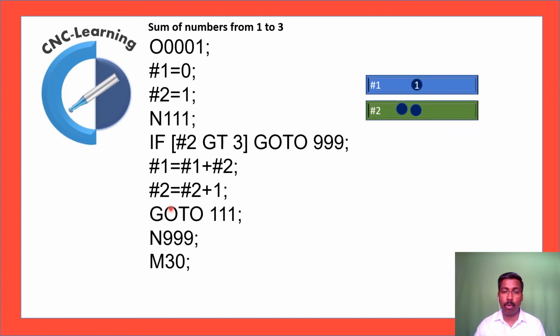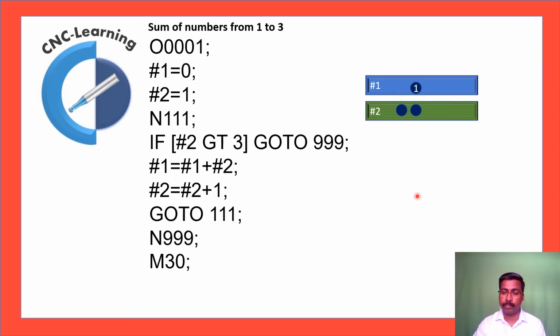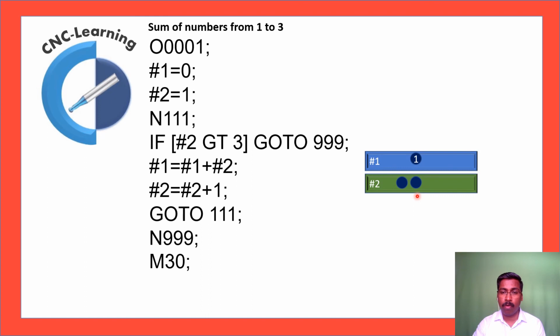Now this command go to 111 will make this loop back to here. So now again this statement will evaluate, is hash 2 greater than 3? Now the value of hash 2 is just 2, it's not greater than 3. Go forward.